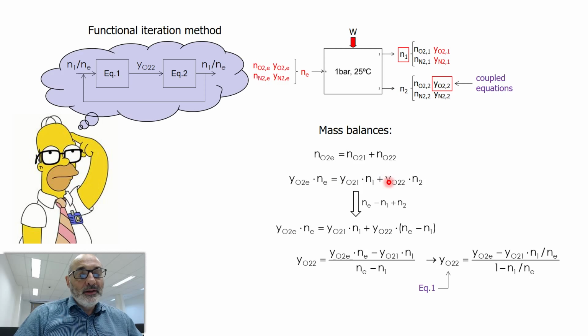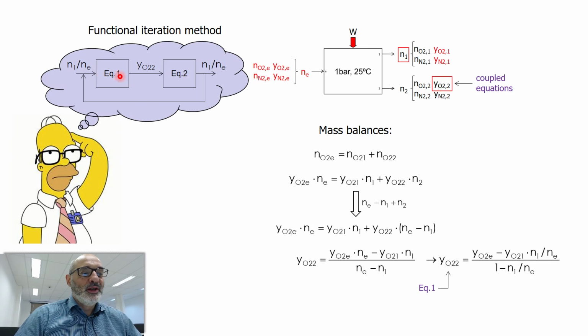I already know that Ne equals N1 plus N2, and if I replace that in order to eliminate N2, because I'm interested in N1 actually, in the place of N2 I write Ne minus N1, and if I divide everything by Ne minus N1, I get this equation here, which we're going to call equation 1.